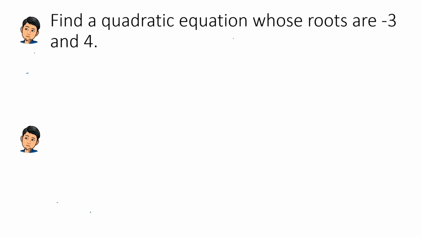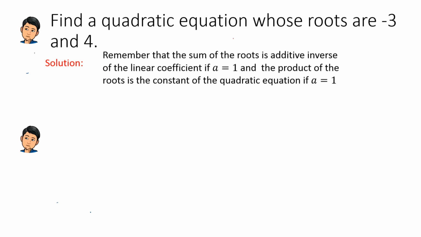Okay, so let us have problems involving the sum and the product of the roots. Find a quadratic equation whose roots are negative 3 and positive 4. Remember that the sum of the roots is the additive inverse of the linear coefficient if a is equal to 1, and the product of the roots is the constant of the quadratic equation if a is equal to 1.